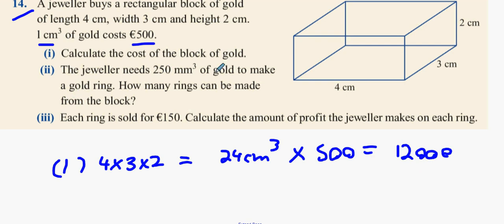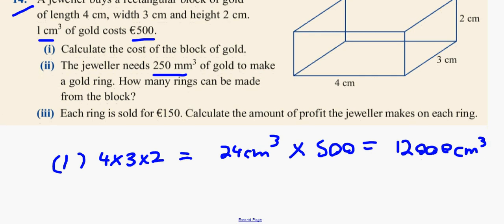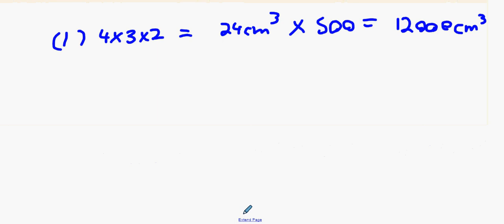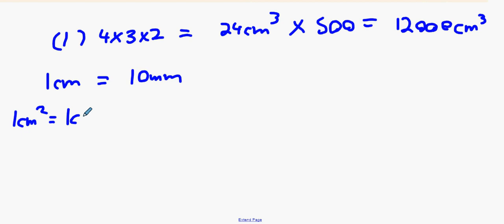Oh, the units are getting mixed up. Alright, this is not going to be fun for you, okay? Let's do this, alright? But everybody agree that's centimeters cubed? You need to do a conversion, and you guys aren't used to doing conversions, okay? Would everybody agree 1 centimeter is how many millimeters? 10 millimeters. 1 centimeter squared is the same thing as 1 centimeter multiplied by 1 centimeter.